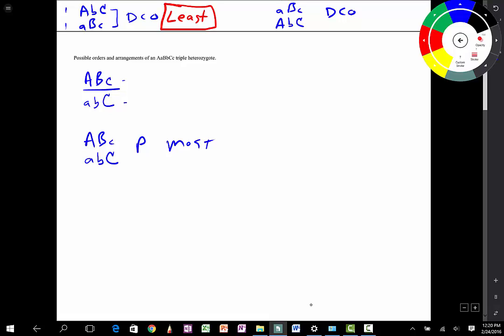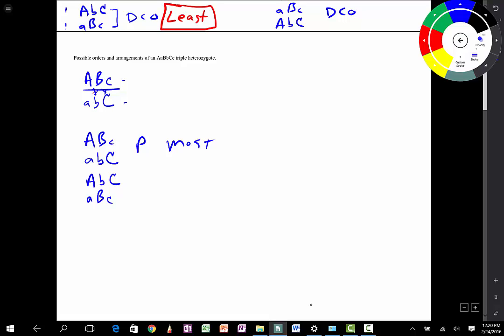If we get a single crossover between A and B, now we'll get big A, little b, big C, and we'll also get little a, big B, little c. That's a crossover between A and B.